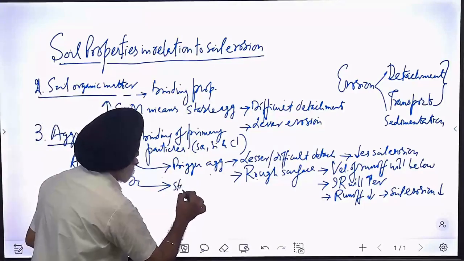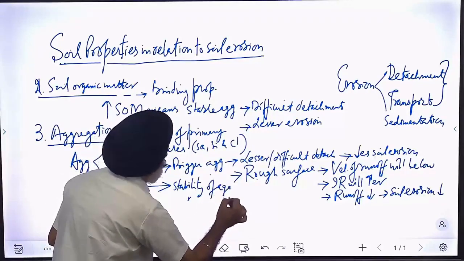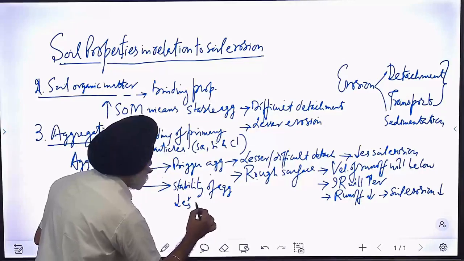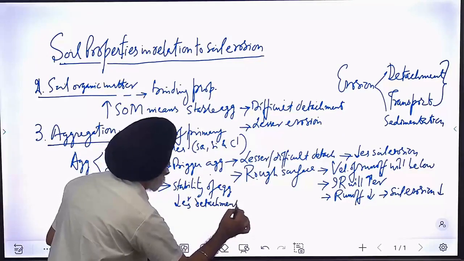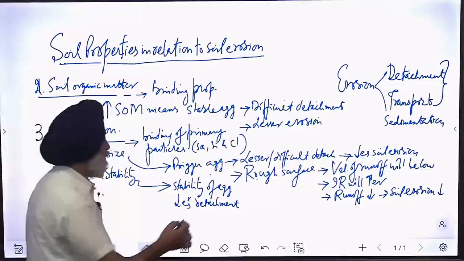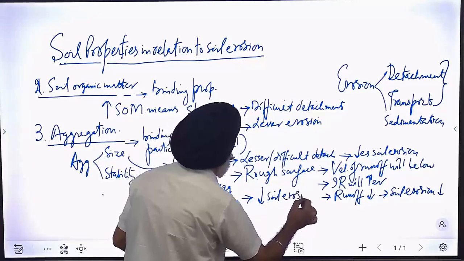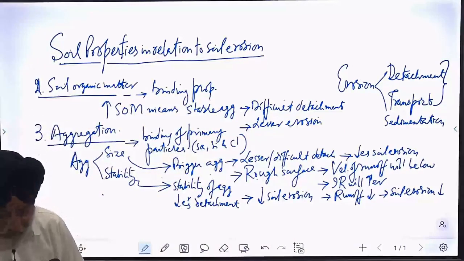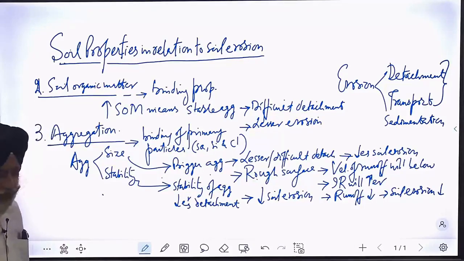So, stability of aggregates decreases detachment of particles, and when there is less detachment, it means lesser soil erosion. This is how aggregate size and aggregate stability affect soil erosion.